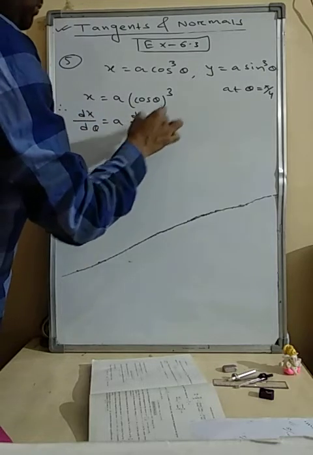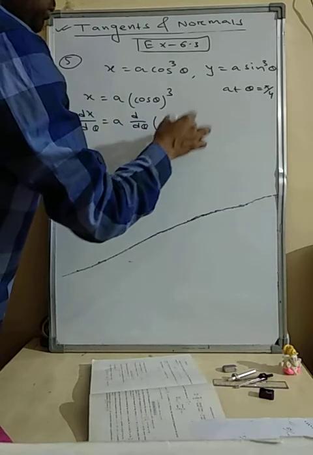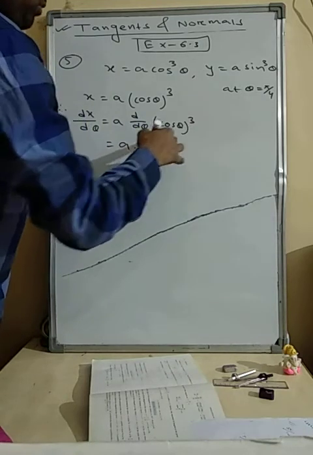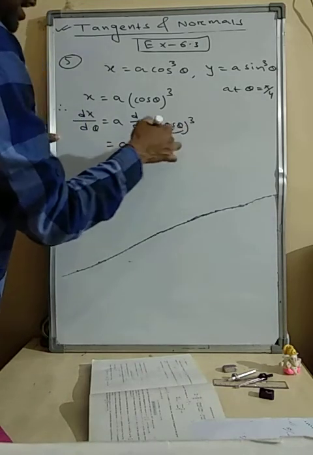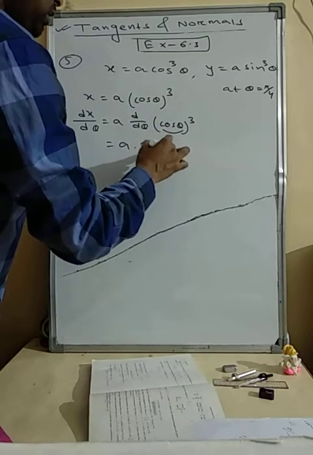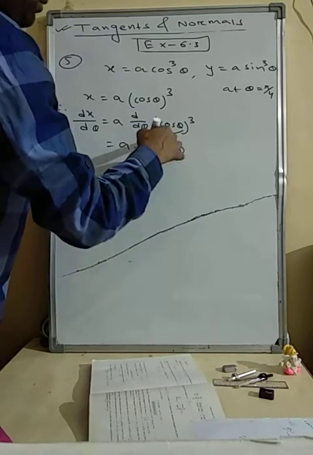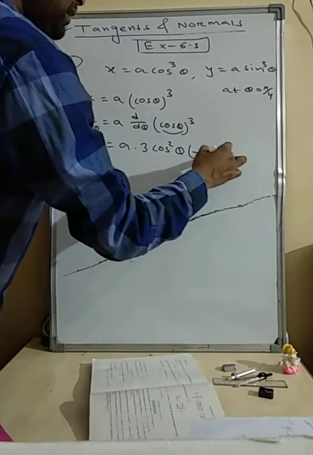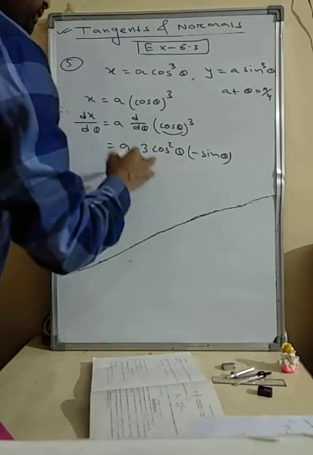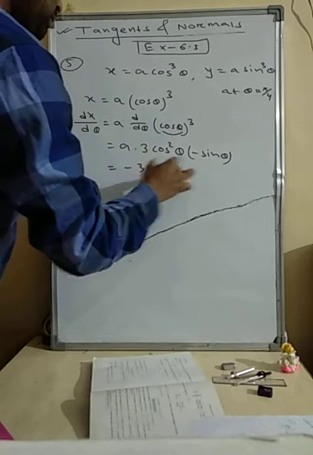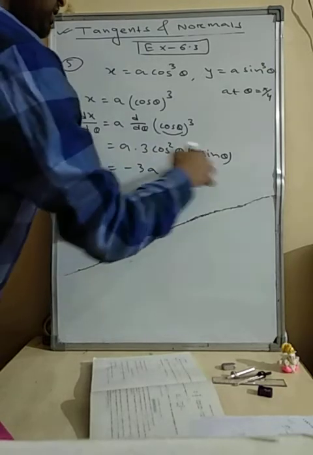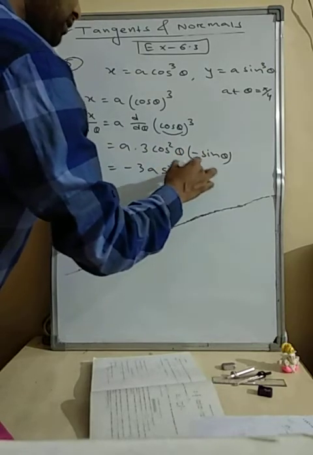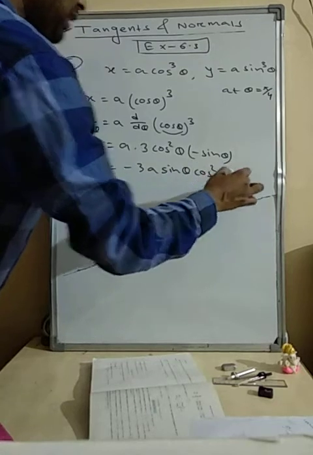So d/d theta of cos theta whole cube, you can suppose this is theta cube. So 3 theta square, cos square theta, again d/d theta of cos theta is minus sin theta. That is ultimately minus 3a, this minus you can write here, sin theta into cos square theta.